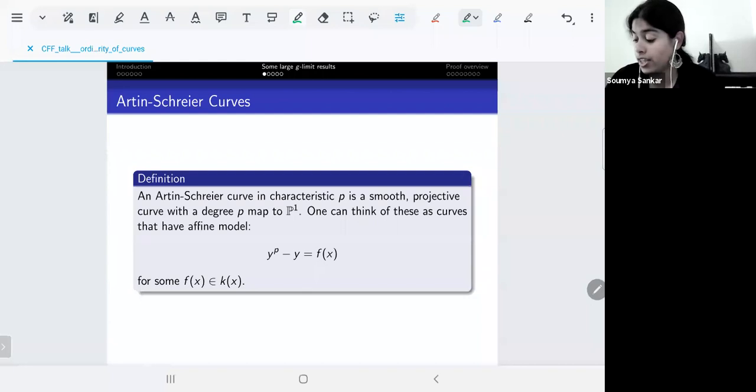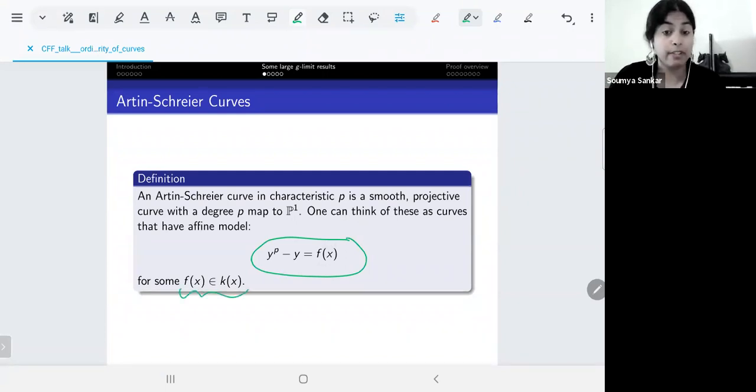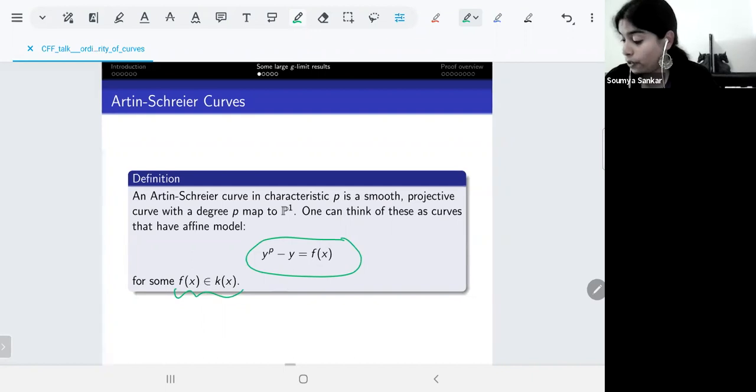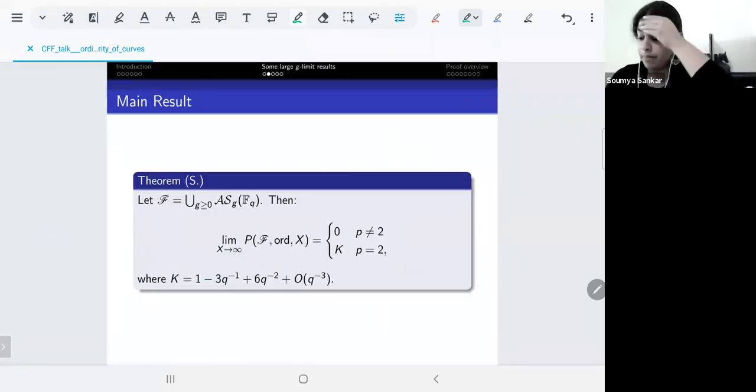So in particular, you can think of this as having this kind of a model where f(x) is a rational function over the base field. And so the theorem says that if you take this family of Artin-Schreier curves, then the probability is 0 if p is not equal to 2, and it's some non-zero constant if p is equal to 2.